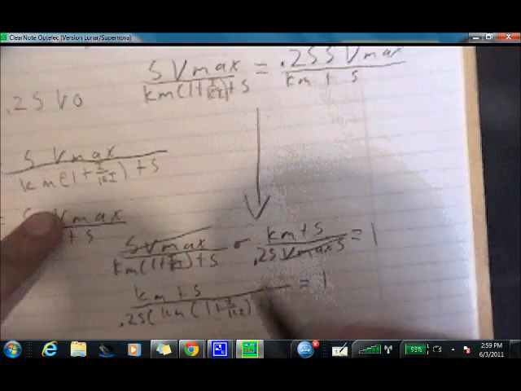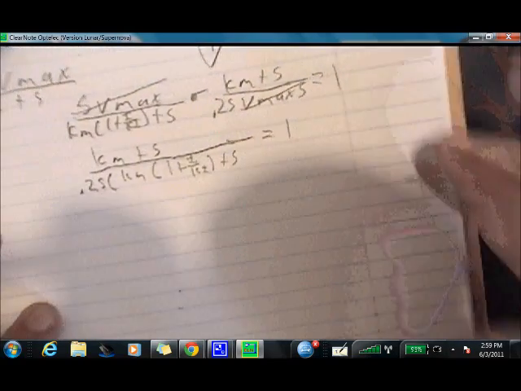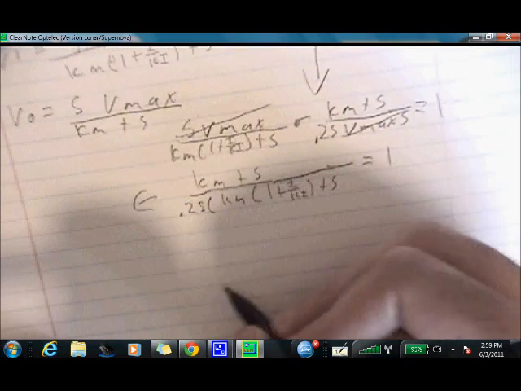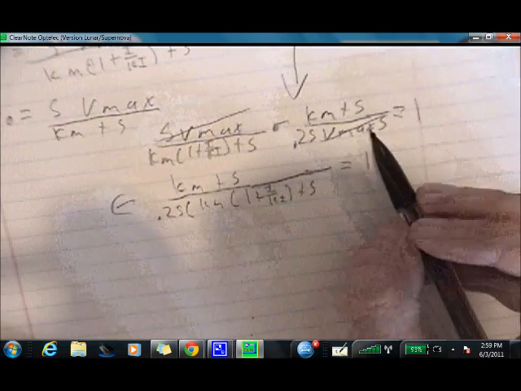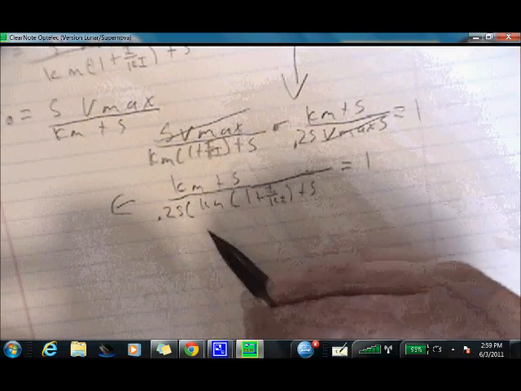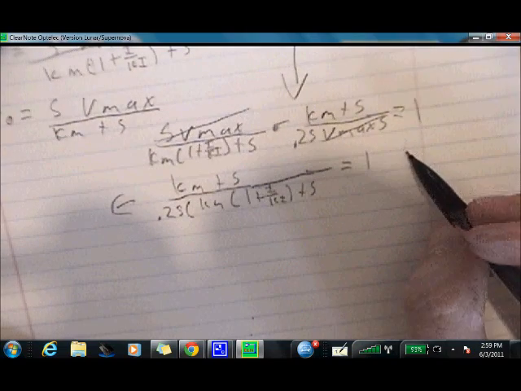What I'm going to do now is more algebra. I'm going to take this whole bottom and multiply it by 1.